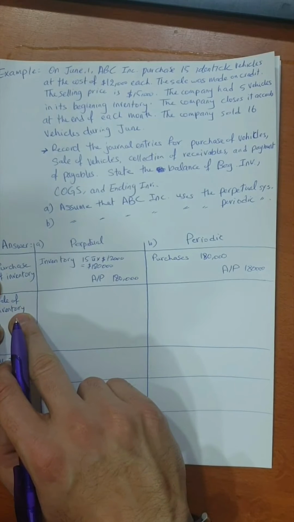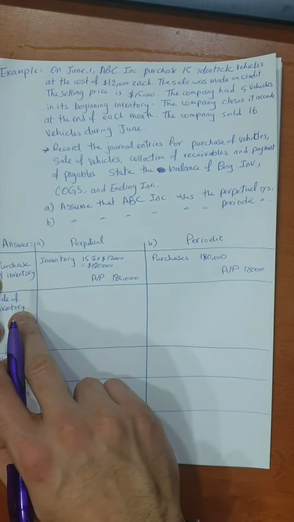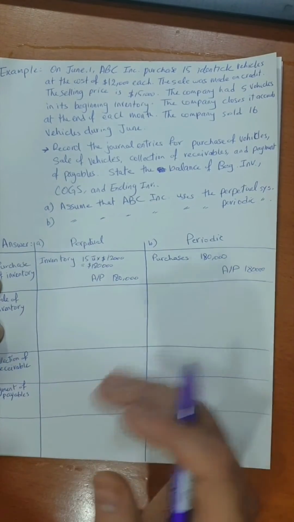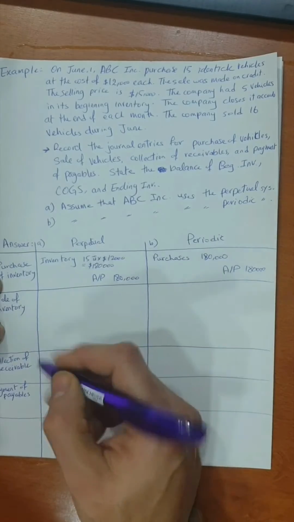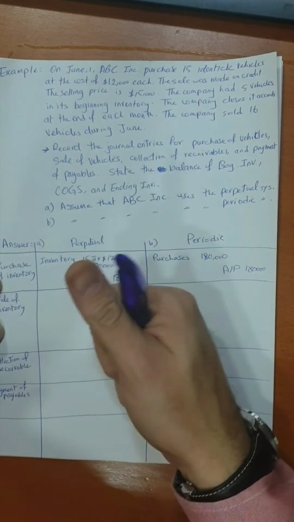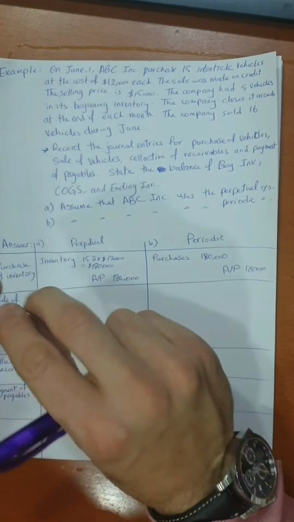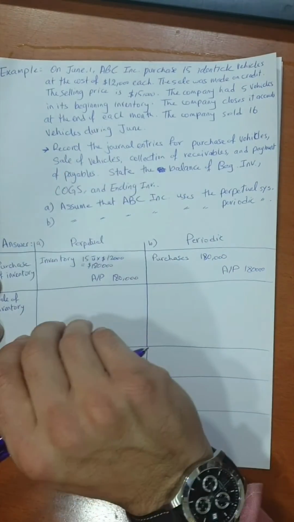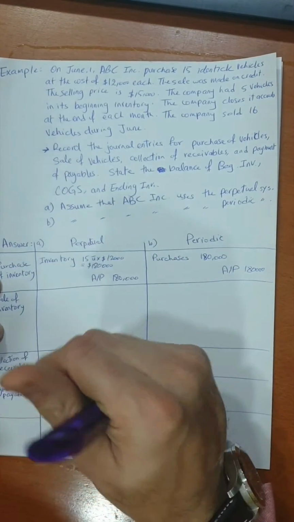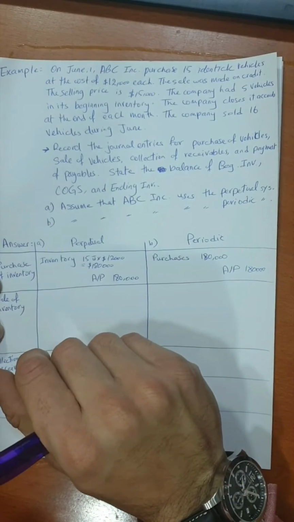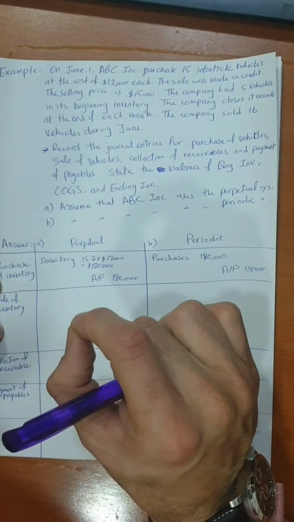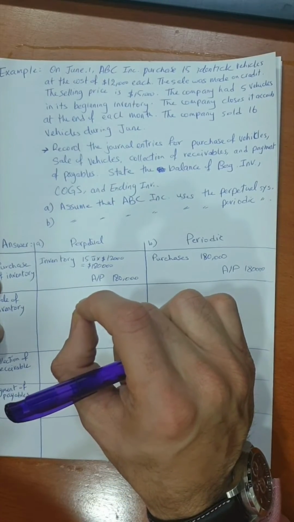Sales of inventory. When you make the sale in the perpetual system, given that it's a synchronized and automated system, you will have to do two things. The first thing is to release the inventory from the warehouse. So you are releasing some of your units from the warehouse, and at the same time you need to realize the revenue that you made, right?